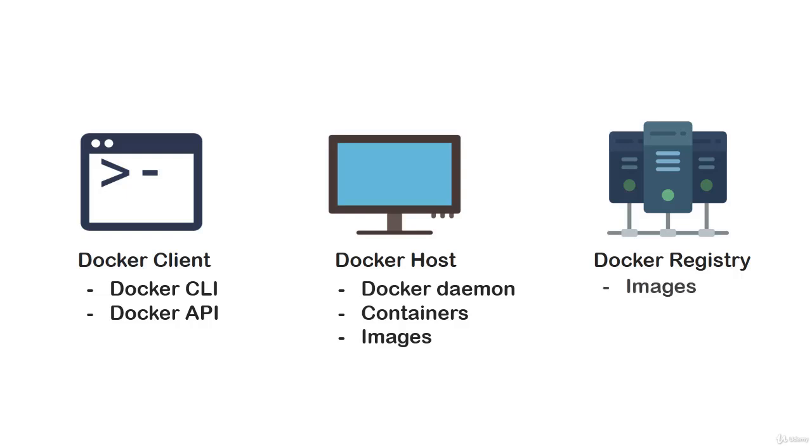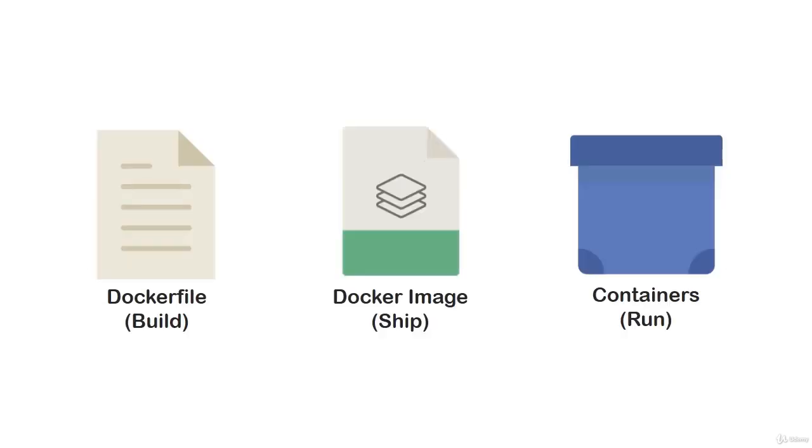Finally, we have Docker registry, which acts as a universal place to access available Docker images. Now we can go back to those three formats which we saw earlier: Docker files, Docker images, and containers, which respectively represent build, ship, and run. In the next lecture, we will take a detailed look at how Docker files work.